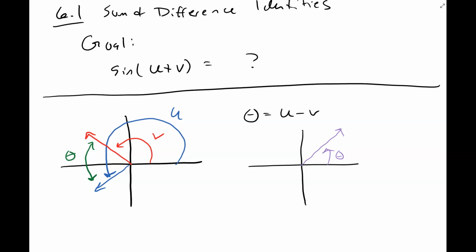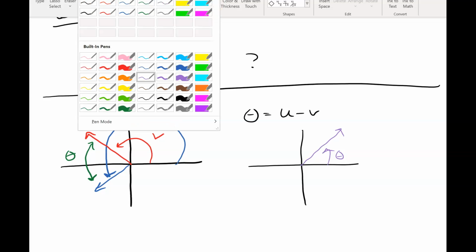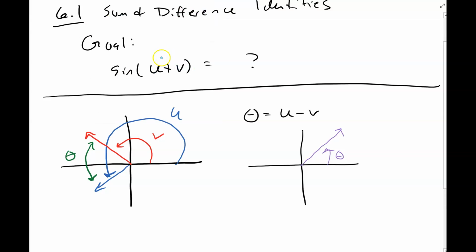Okay. So what I'm going to do now is assign some coordinates based on the unit circle. So this angle here, if that's a point on the unit circle, what would the coordinates be for this point? It's cosine of v, comma, sine of v, right?